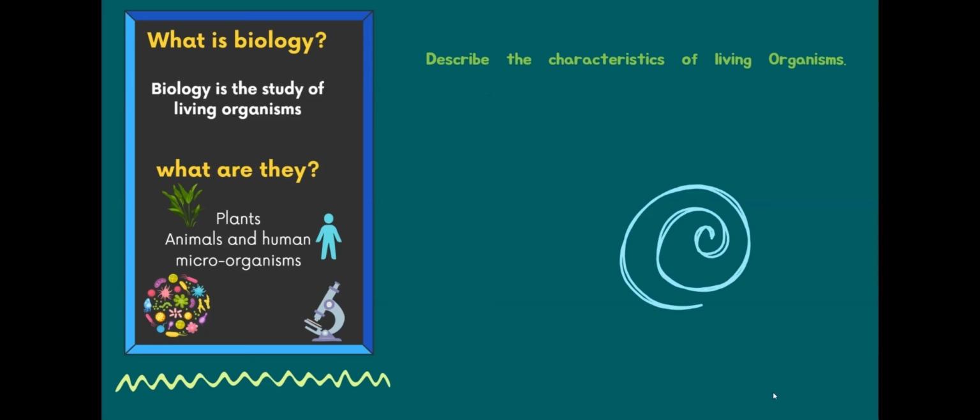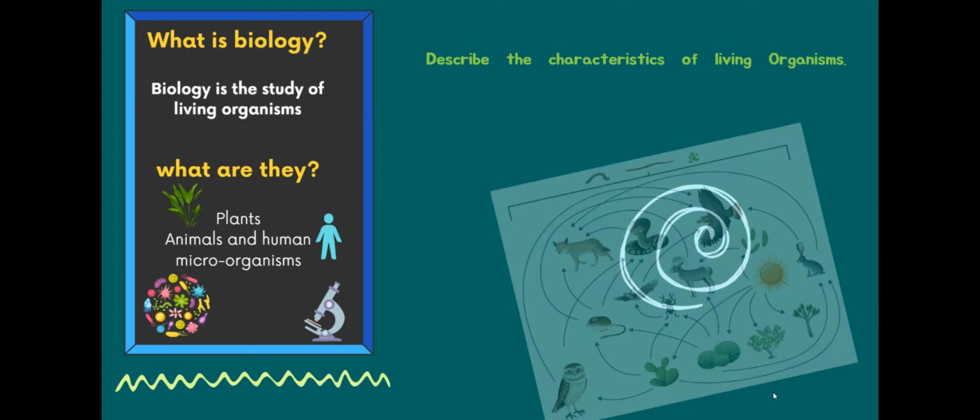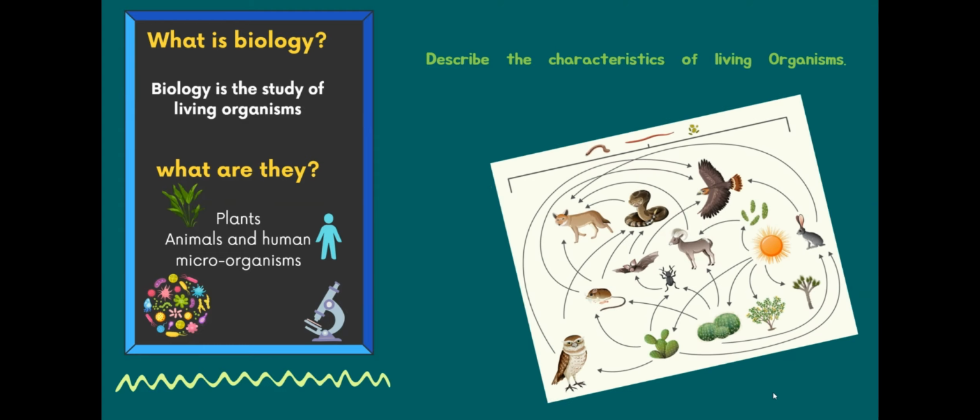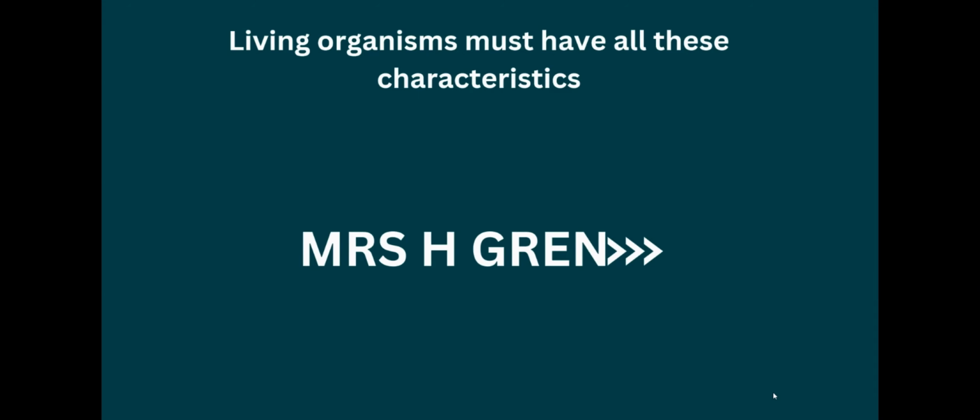In order for something to be considered living, it must fulfill specific criteria. And those criteria are true for all living organisms. You can remember these criteria by using MRS GREN.